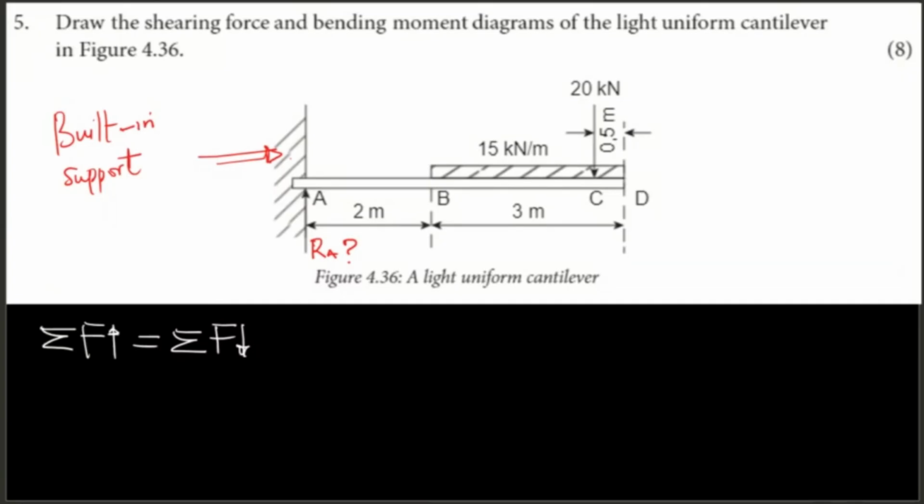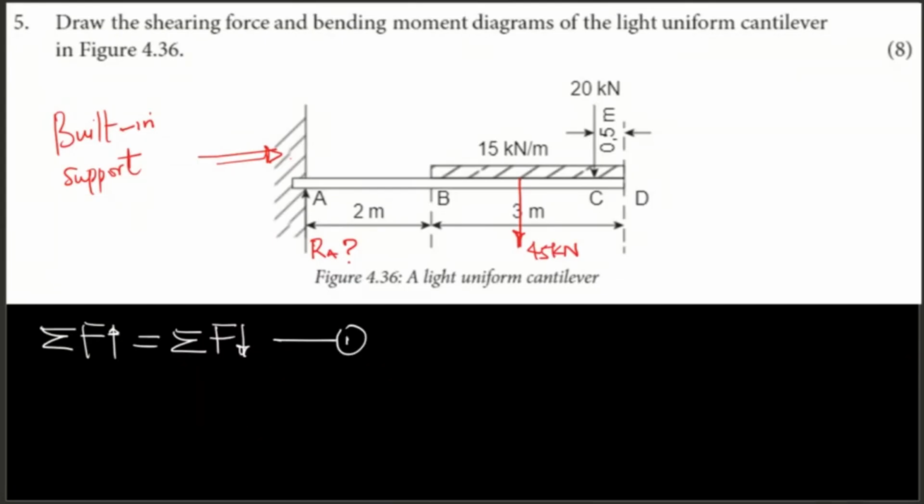Take note that there is a force acting here because we have a UDL that is occupying a span of 3 meters. So 15 times 3, this is going to be what? 45 kilonewton.